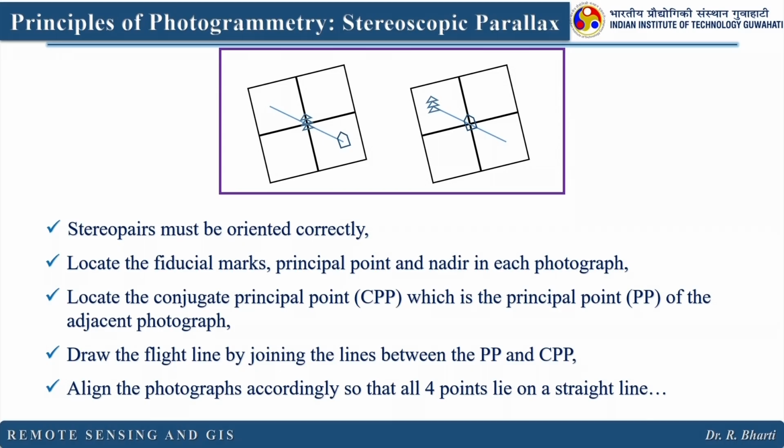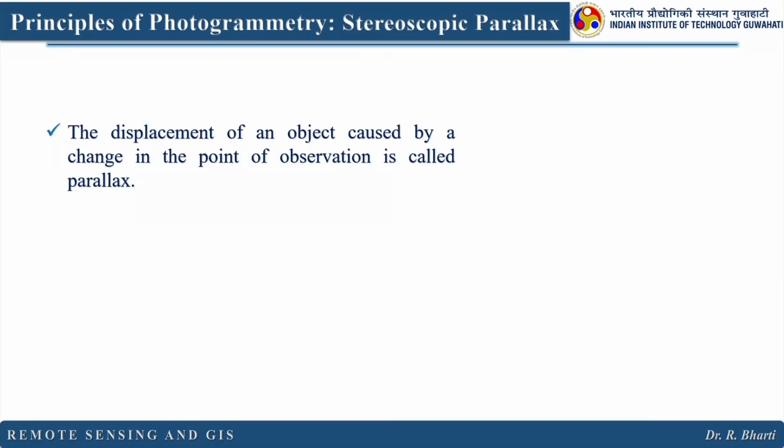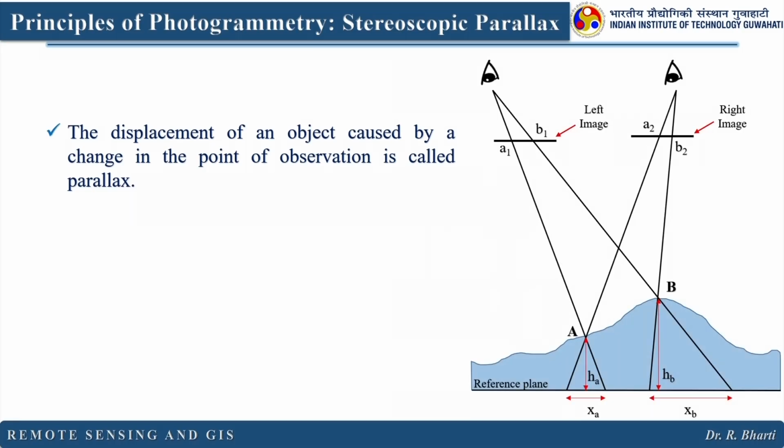If you have this, and if you have a stereoscope, you can easily see the 3D of that area using these stereo pairs. The displacement of an object caused by a change in the position of observation is called parallax. When we are seeing from here, we will see some feature of this particular object, but when we see from here, we will see another side or other information about the same target.